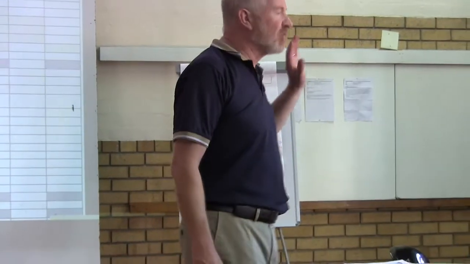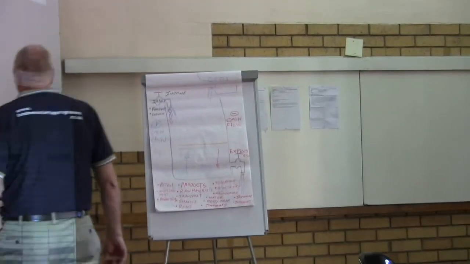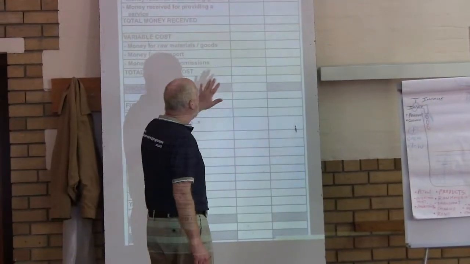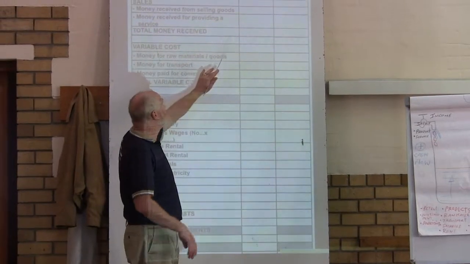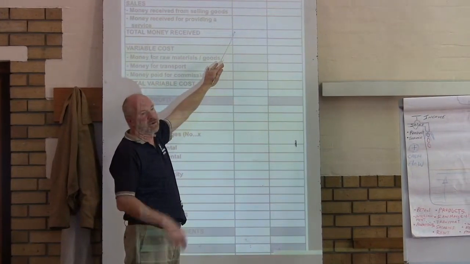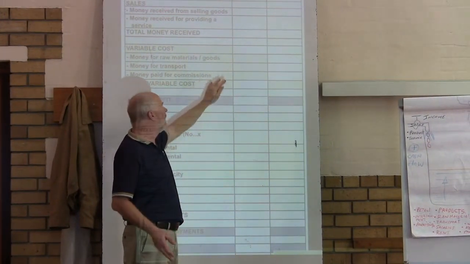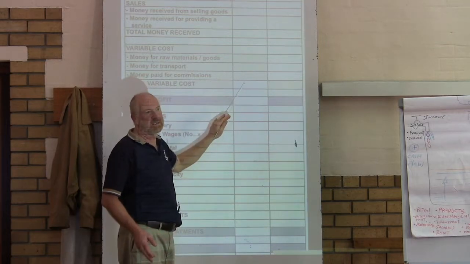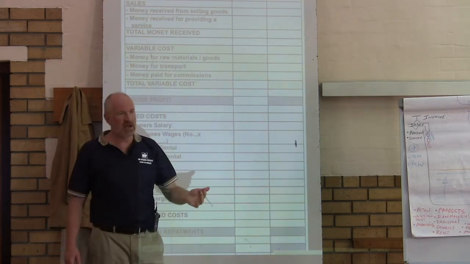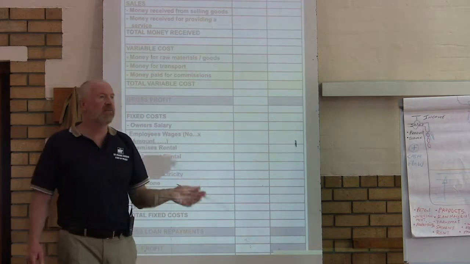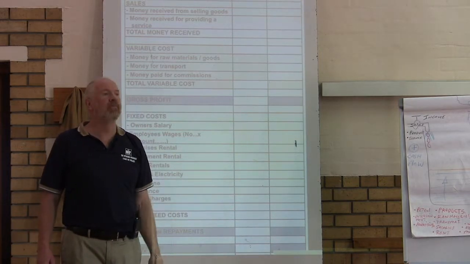Okay, so you have to have this for all 12 months? Correct. And then your 13th one would take your total money received for 12 months and your total variable cost for 12 months. So in other words, you'd see, did I make a net loss or profit for that year?